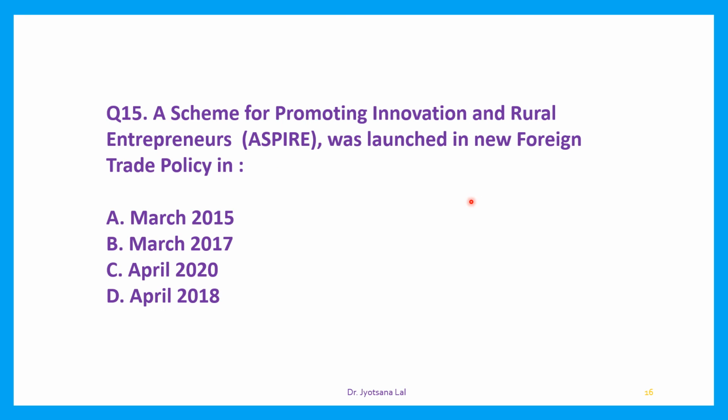This scheme is for small scale sector or micro, small and medium enterprises, and it was announced in the new foreign trade policy, that is 2015-20. So this scheme was launched in March 2015 to promote the innovation and entrepreneurship in the rural sector. So the correct answer is A.